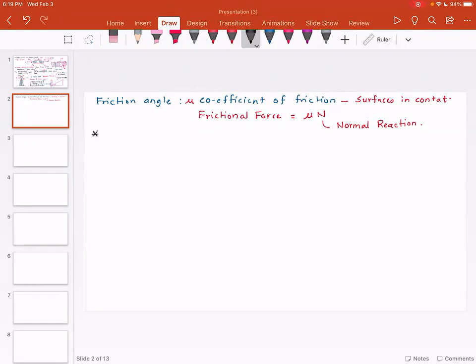How do we find mu experimentally? Characterization of mu itself is a huge field of study and analysis, but what I want to give you here is a very simple idea to estimate the coefficient of friction.